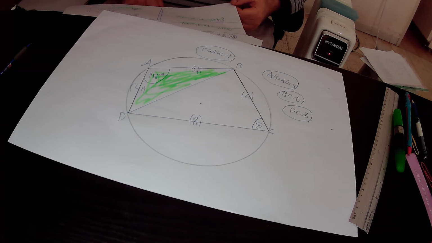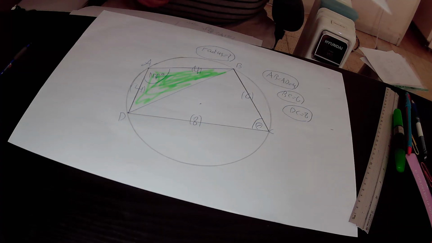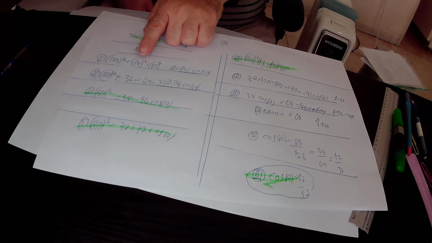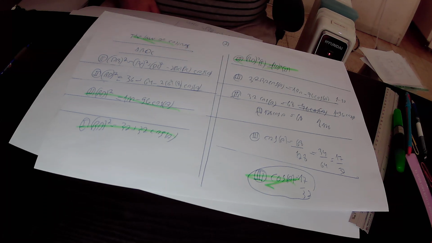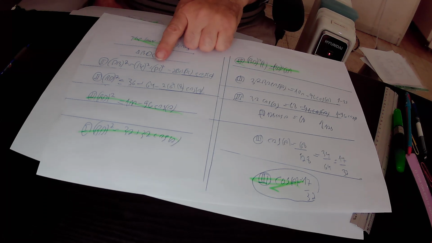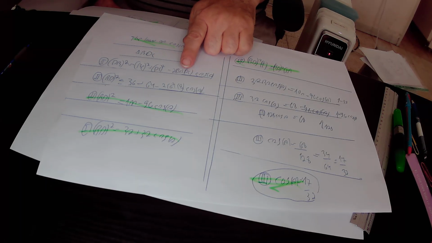So in total, BD squared equals 36 plus 64 minus 2 times 6 times 8 times cosine theta. So BD squared equals 36 plus 64 is 100, minus 2 times 6 times 8 times cosine theta.